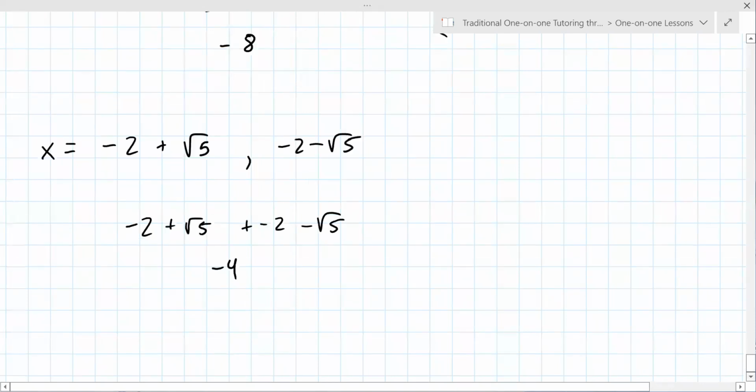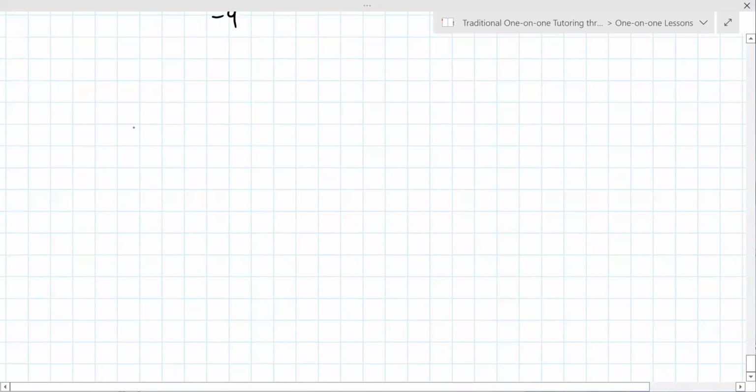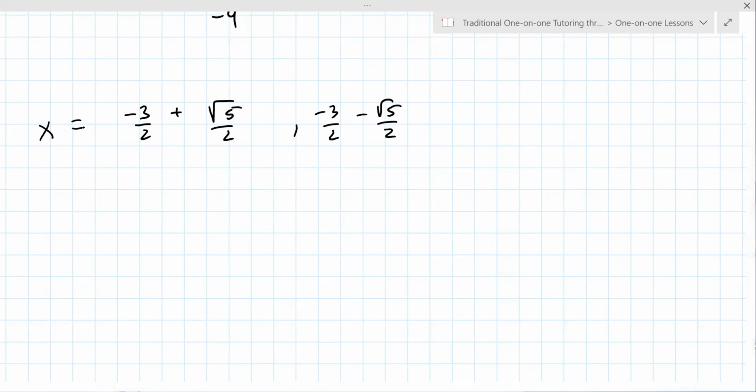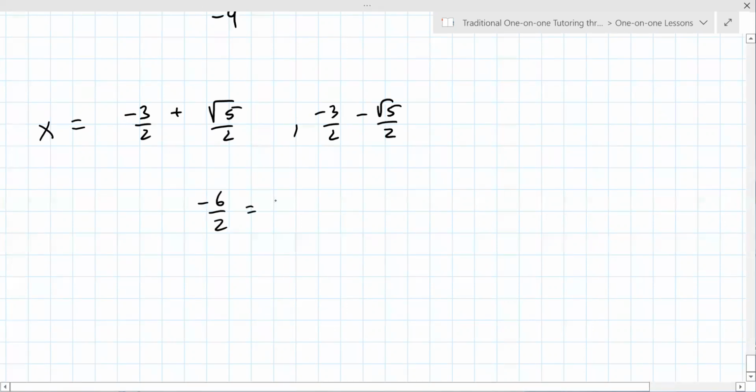Where it gets really interesting is when you have a fraction. Let's say it's -3/2 plus square root of 5 over 2, comma, -3/2 minus square root of 5 over 2. What do the solutions add up to? -6 over 2, which is really -3.